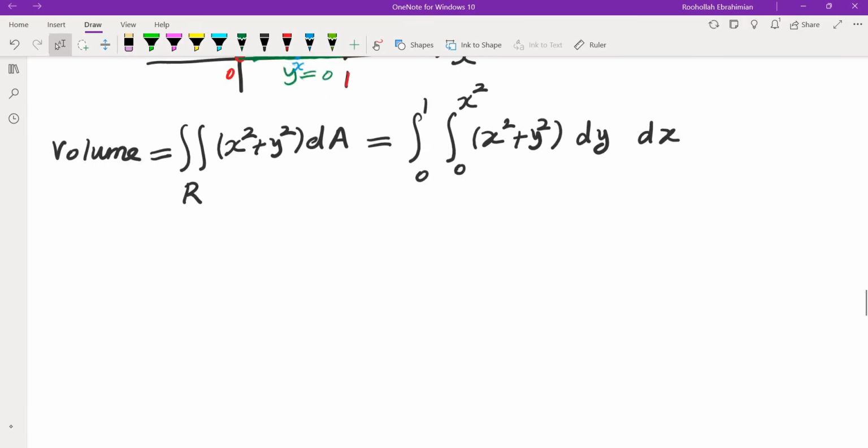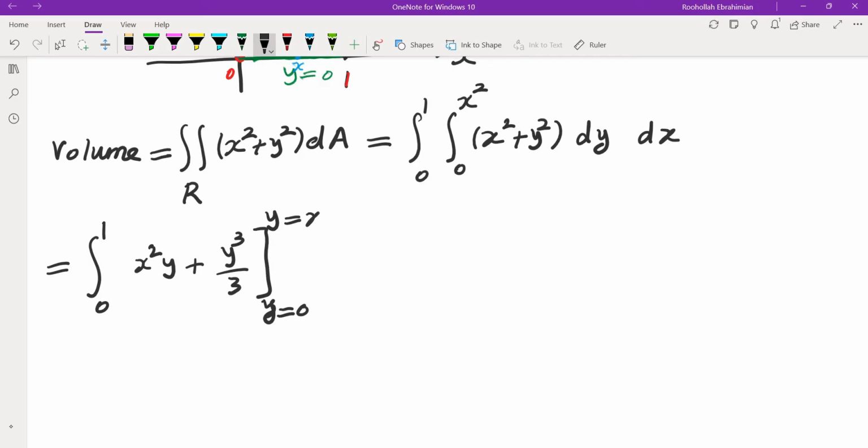Let's evaluate this. So this is going to be the integral from 0 to 1. The integral with respect to y would be x squared y plus y cubed over 3, and this is y equals 0 to y equals x squared, and then dx. Integral from 0 to 1. We'll plug in x squared for y.